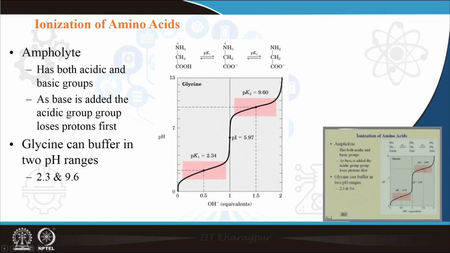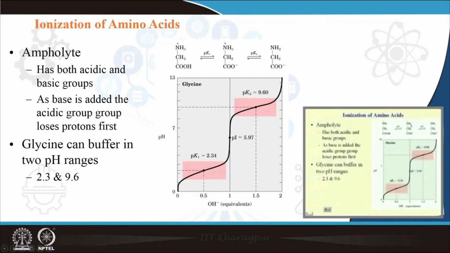Is that clear? So now if I keep on adding OH minus, I will just be increasing the pH because I now have just OH minus in solution and this. Is that clear? So this would be the titration of glycine. You would have two inflection points, the first corresponding to the carboxylic acid proton, the second to the amine proton, right?